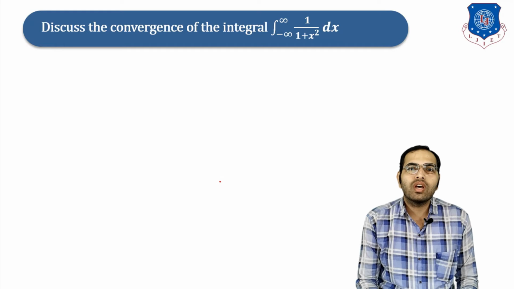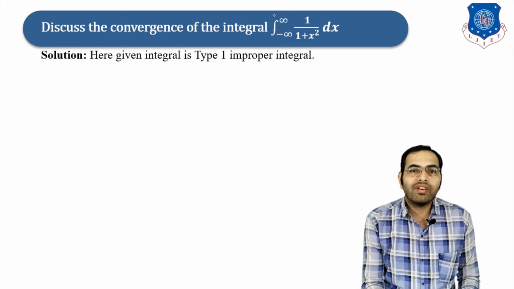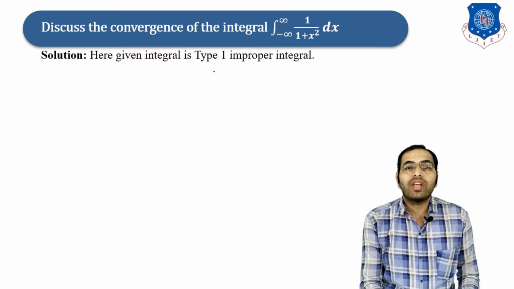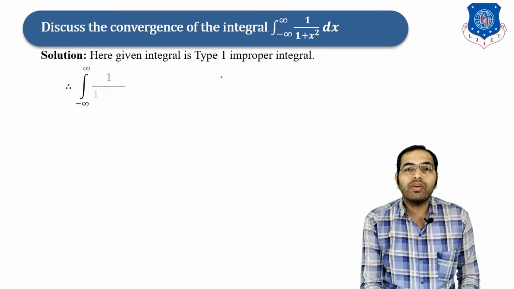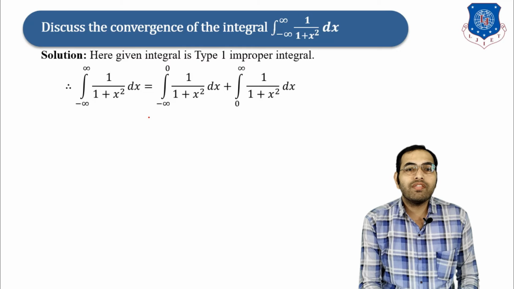Discuss the convergence of the integral from minus infinity to infinity of 1 upon 1 plus x square dx. Here the lower limit is infinite and the upper limit is also infinite, so both limits are infinite, and that is also a type 1 improper integral. Here firstly we have to consider any real number.